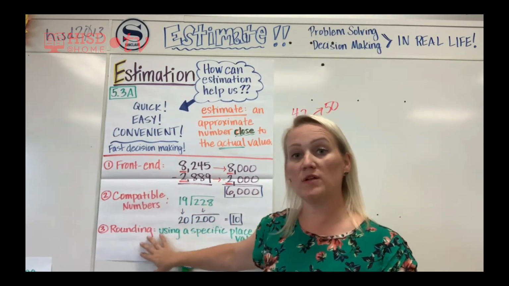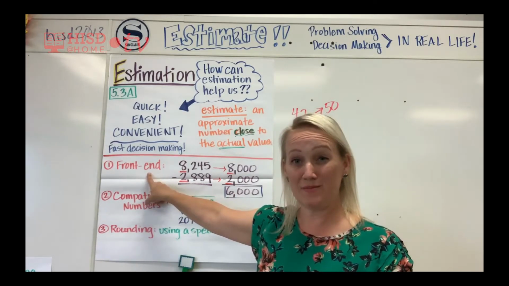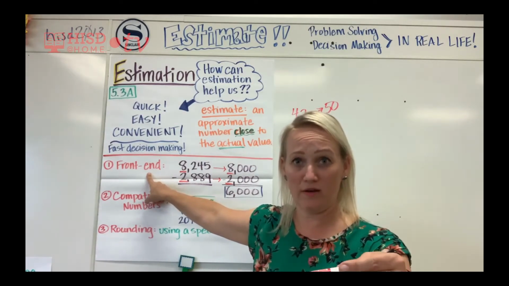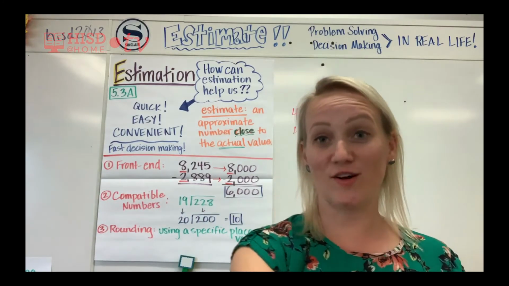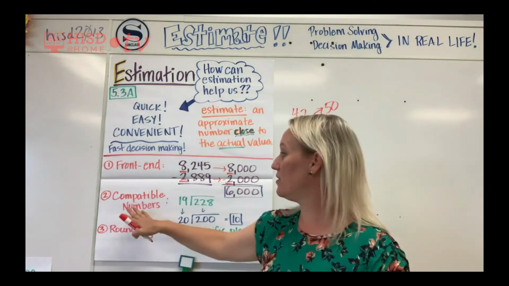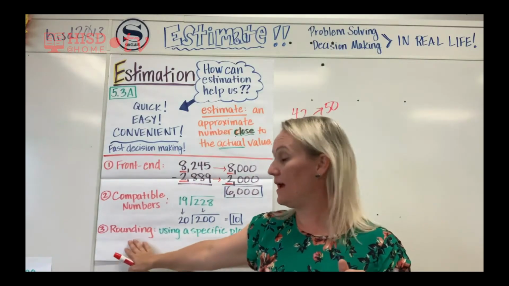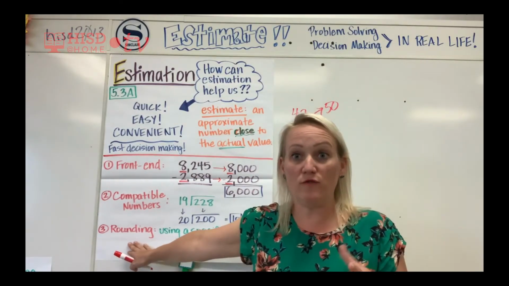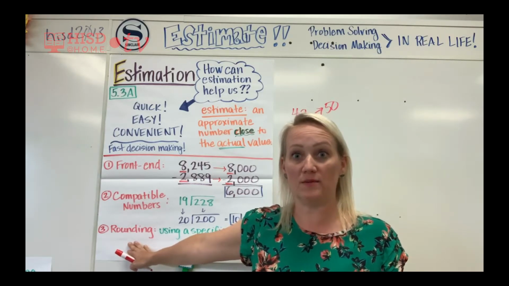So the 3 different ways we're going to learn to estimate today are 1, front end estimation. It kind of sounds like the front end of a car, right? Like that's what they call the front part of your parents' car, the front end. There's also compatible numbers, which are numbers that are related. And last but not least, rounding, which you've already done this year. So you're going to use rounding to help you with estimation.